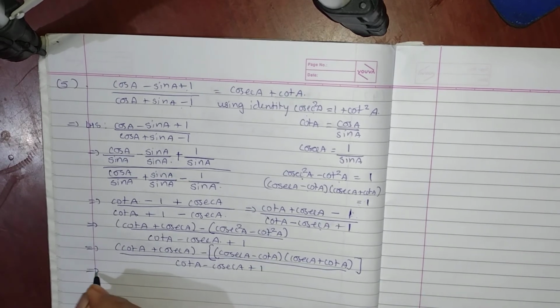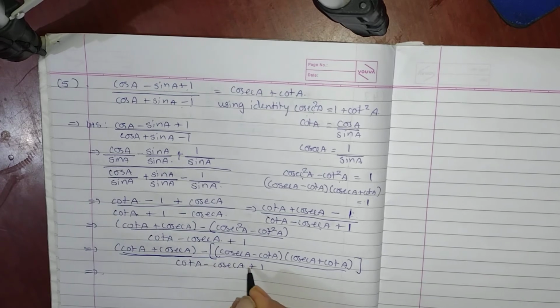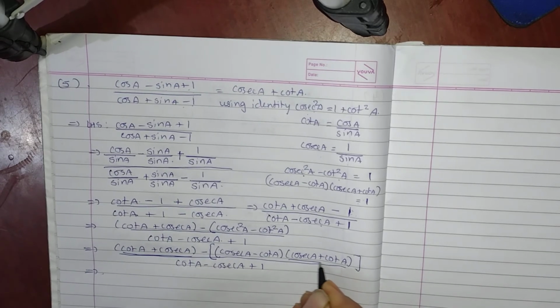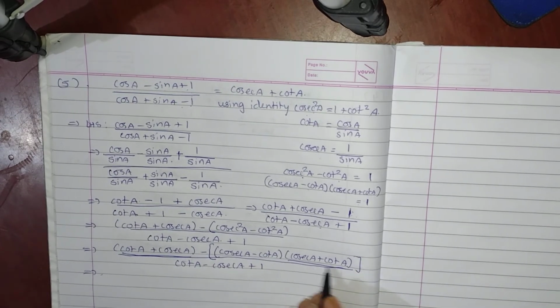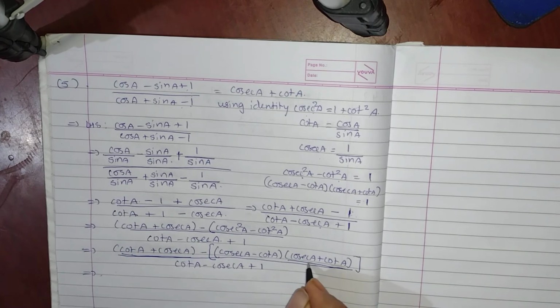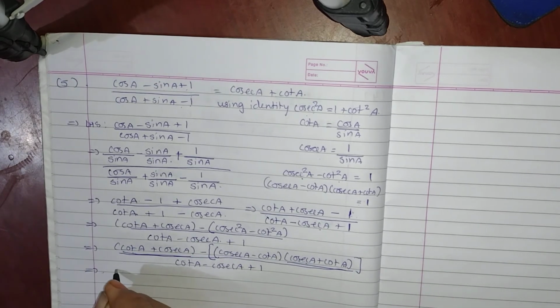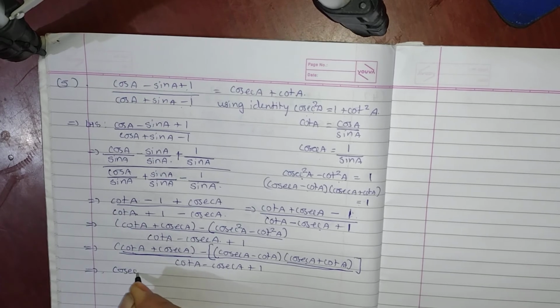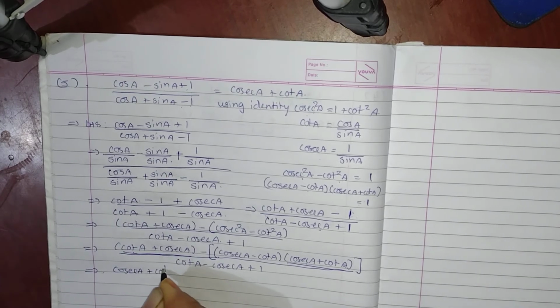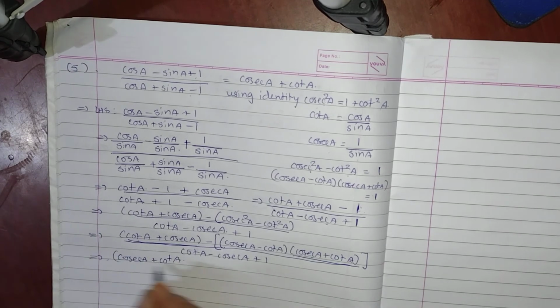Now we take out the common factor, cot A plus cosec A, same as cosec A plus cot A since it is a plus sign. So whether cot A plus cosec A or cosec A plus cot A, it will be the same. So we write cosec A plus cot A.